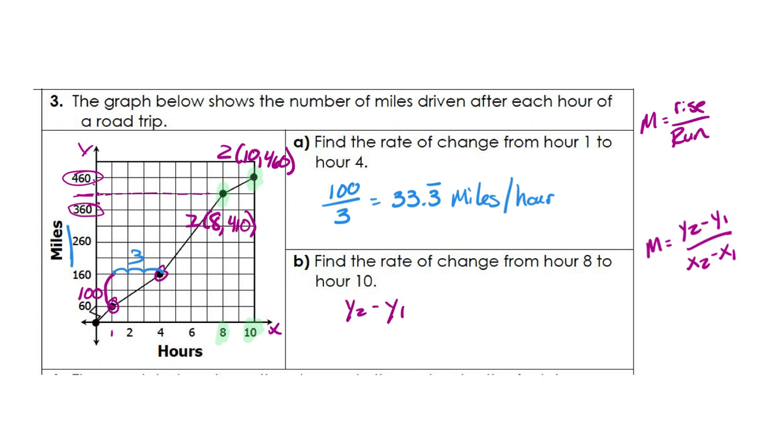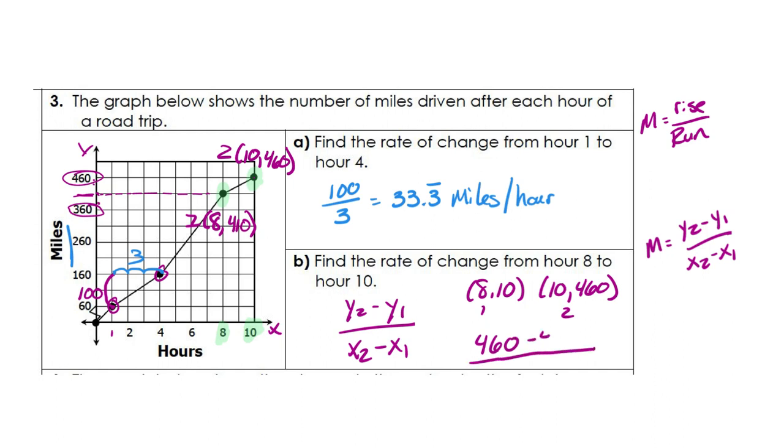So now, group 1, group 2, y2 minus y1 over x2 minus x1. So I had 8, comma, 410 is group 1. And then 10, comma, 460 is group 2. Putting that information into the equation: 460 minus 410 over 10 minus 8 equals 50 over 2. 2 goes into 50, 25 times.